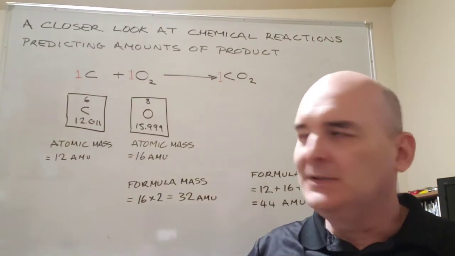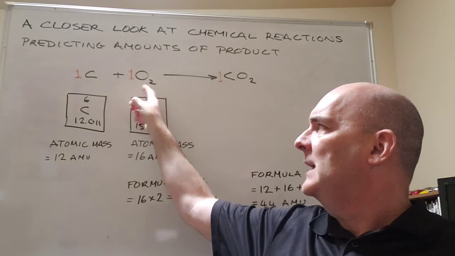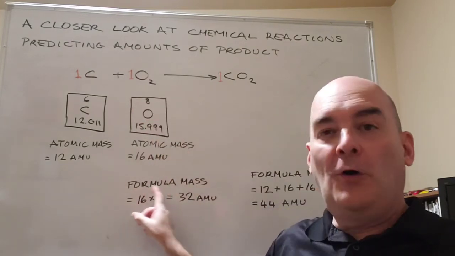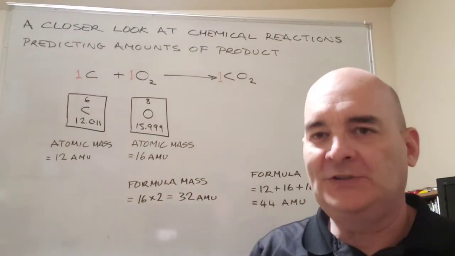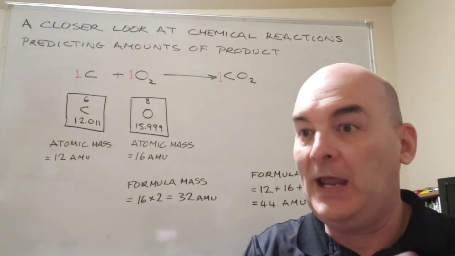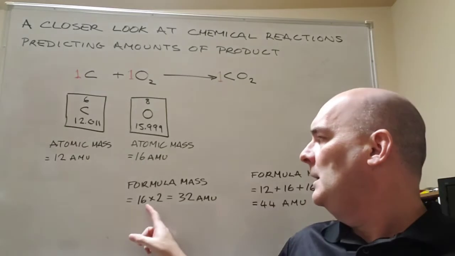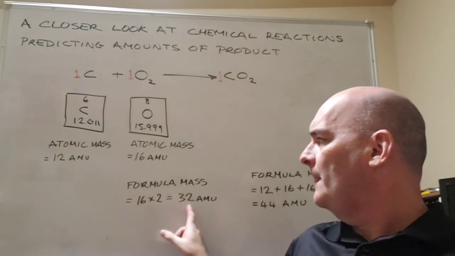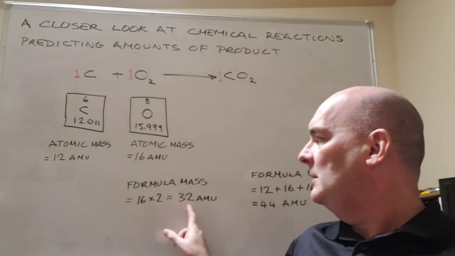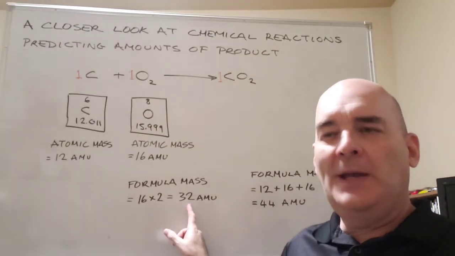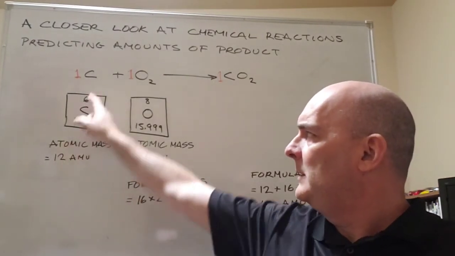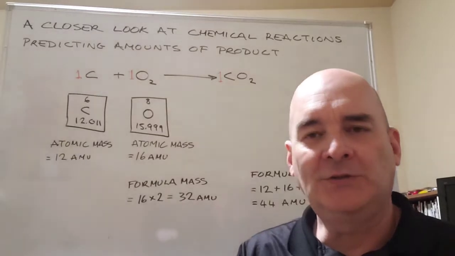Well, my reactant is 2 oxygens stuck together, so the formula mass, which is just the atomic mass of everything in the chemical formula added together, is twice 16. So this oxygen weighs 32 atomic mass units, and that carbon weighs 12 atomic mass units.